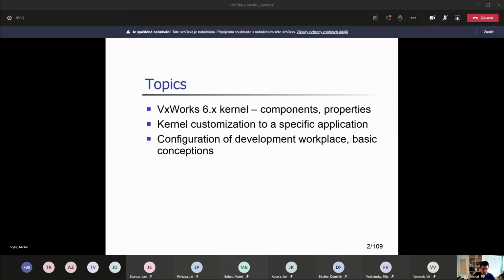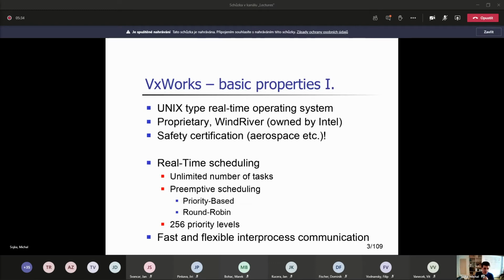Now, yeah. So last week we finished with a basic introduction to the VxWorks operating system.